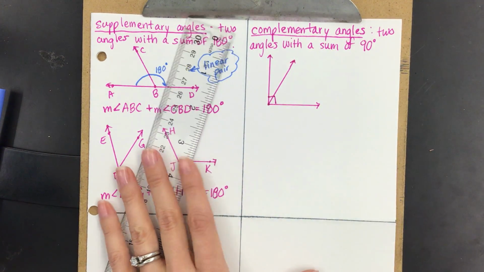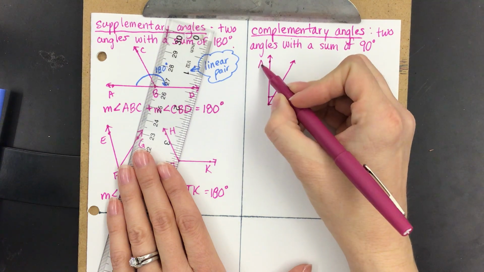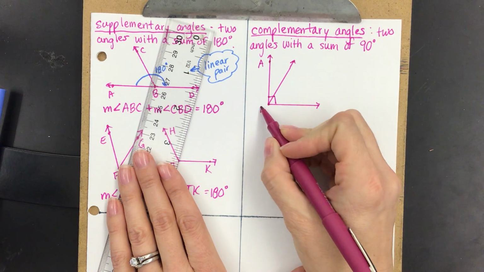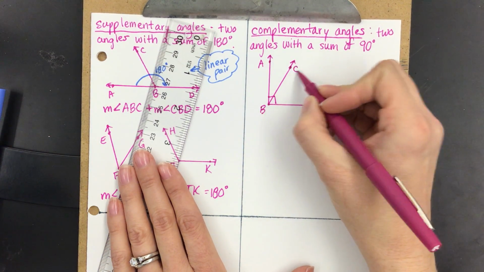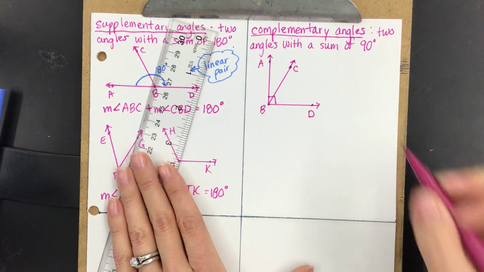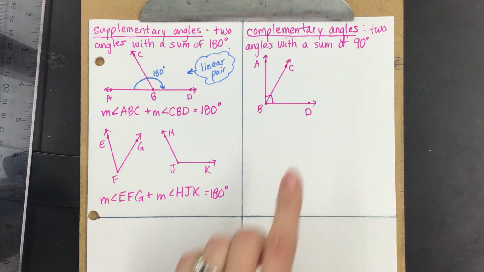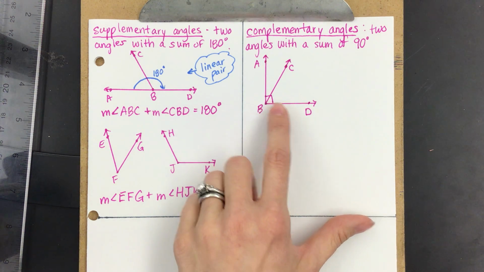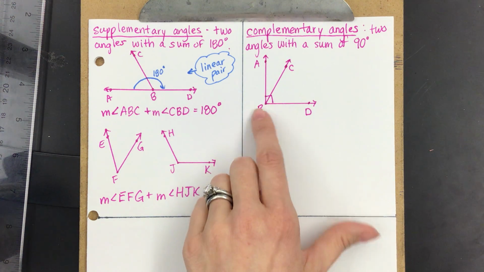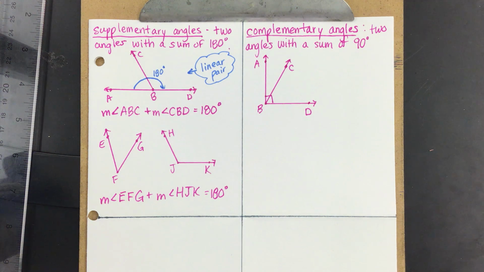Okay. I'm going to give this angle a name here. So I'm sure you've seen it before, but this little box means that that's a right angle, or that the measure of that angle is 90 degrees.